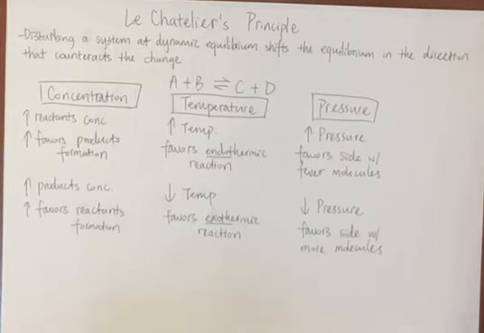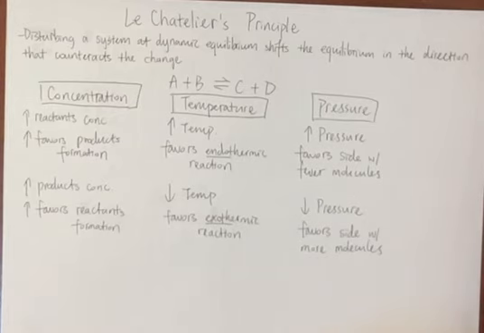So there are two ways we think about this. So first, we think about the reactant side. If you increase the reactant's concentration, the whole system, the equilibrium, will favor the products formation. Well, how do you think about that?